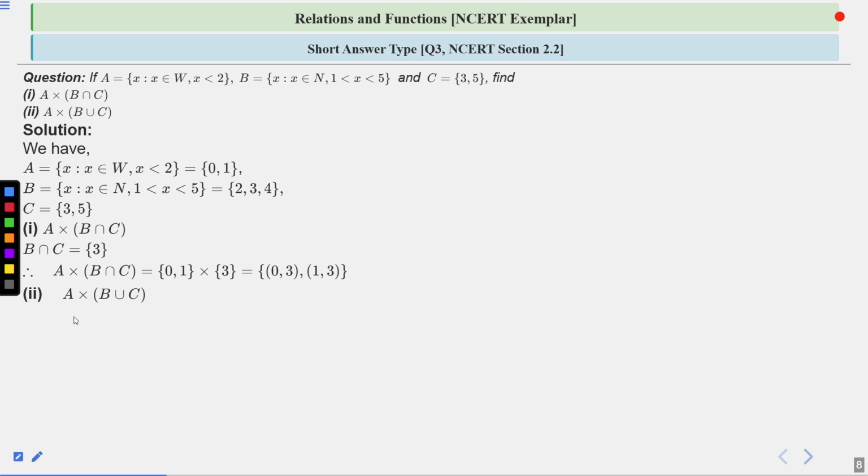Now for the second, A cross B union C. First, find B union C. B union C is the set in which you collect all elements from set B as well as from C. So collecting all the elements from B and then from C, you will have a set with 4 elements: 2, 3, 4, 5.